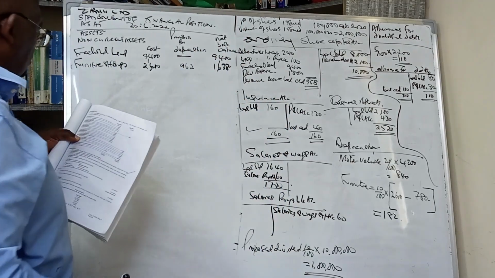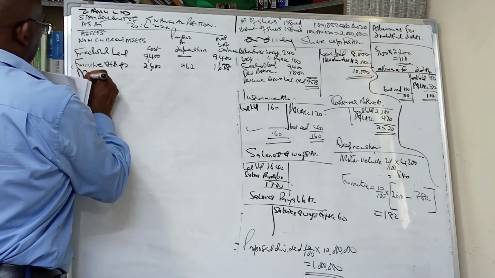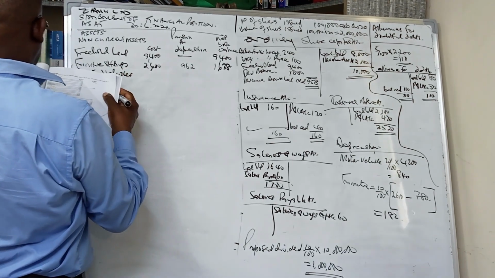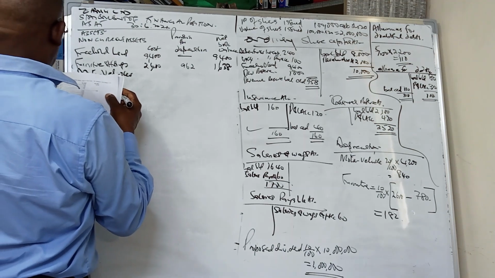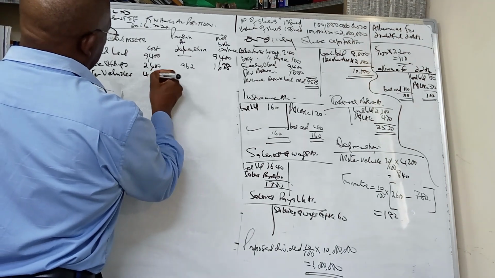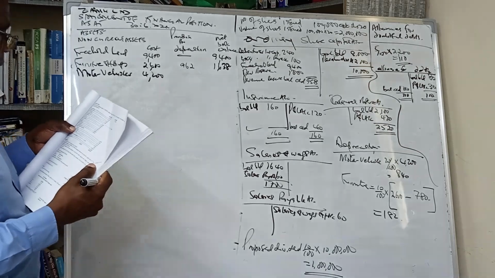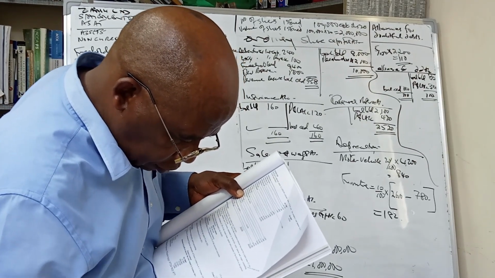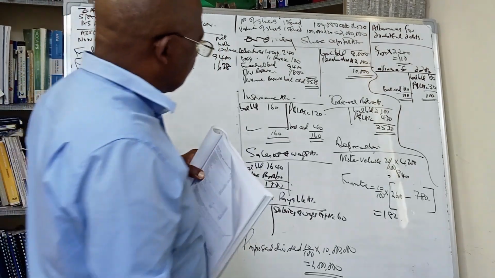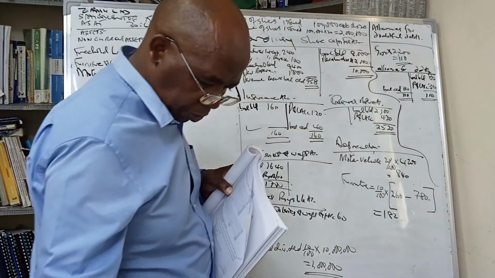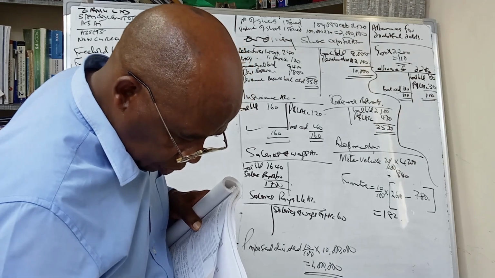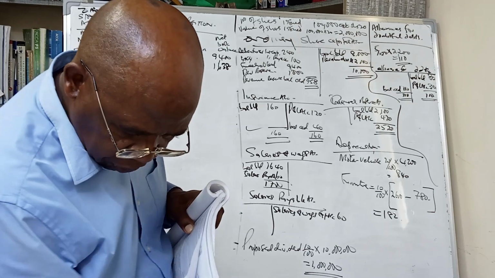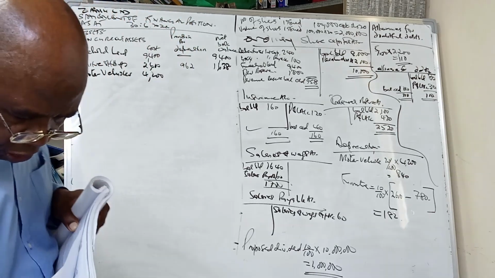And then we go to motor vehicles. From the trial balance, the opening balance of motor vehicles at cost is 4,200. The opening balance of the accumulated depreciation for motor vehicles is 1,600. If we add the charge for the year for motor vehicles, 840, we get 2440.